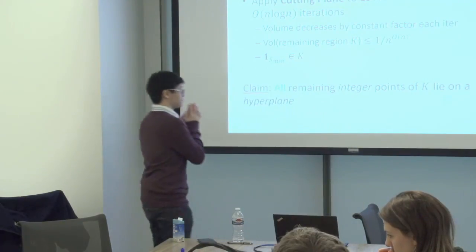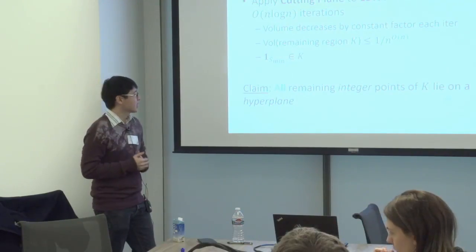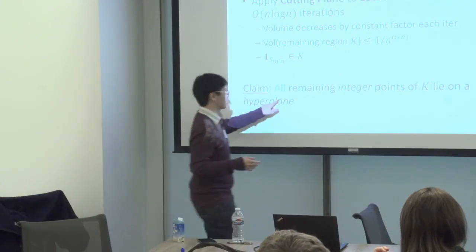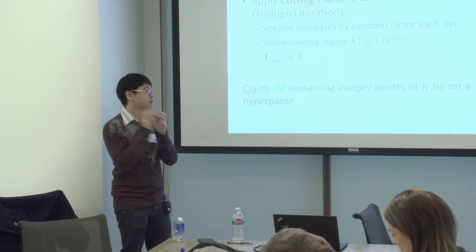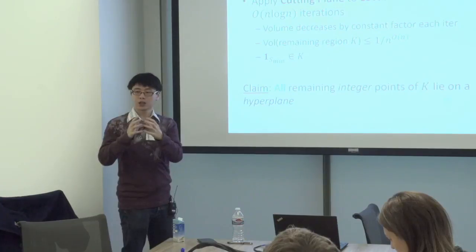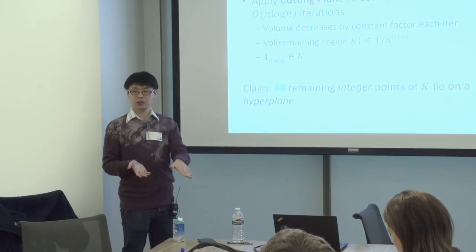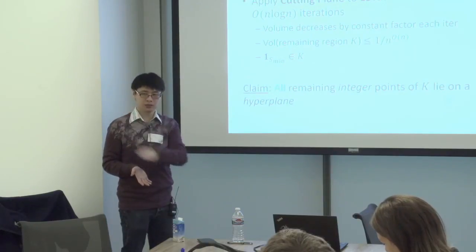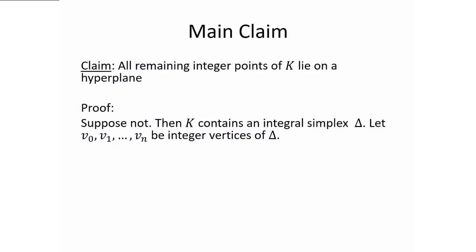So this is the proof that I was mentioning all the time. When you have a set of size this small, you consider all the lattice points, or all the integer points in it. It has to be degenerate. It has to lie on a hyperplane.